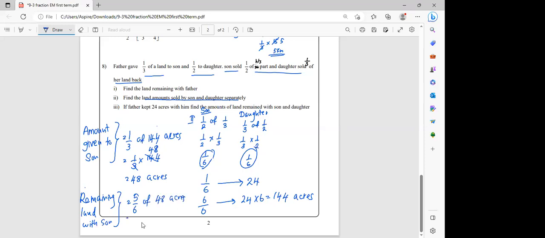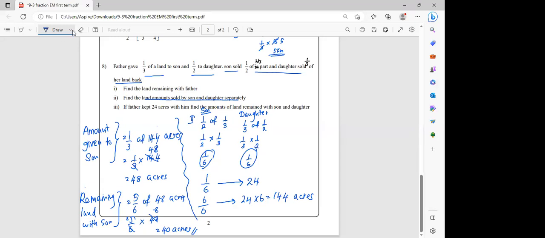Then 5 out of 6 of is replaced by multiplication, 5 times 48. 8 into 5, 40. Okay. Then after, you have to find the amount given to his daughter, and then after you have to find the remaining land with the daughter.